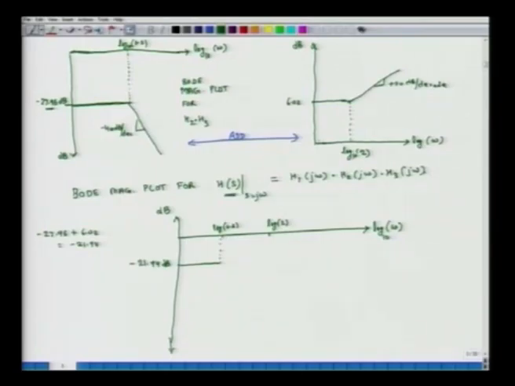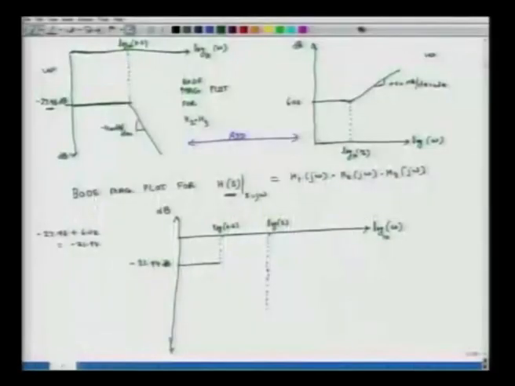Now, after that I have another band of frequency, which is from 0.2 to 2. For this region we see that this particular transfer function has a slope of minus 40 decibels per decade, while the other transfer function is still in the constant range.